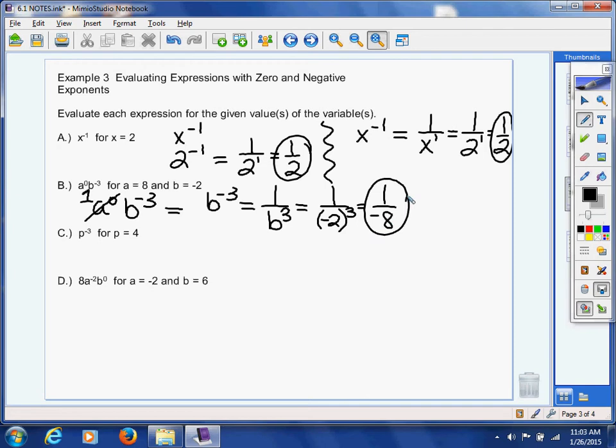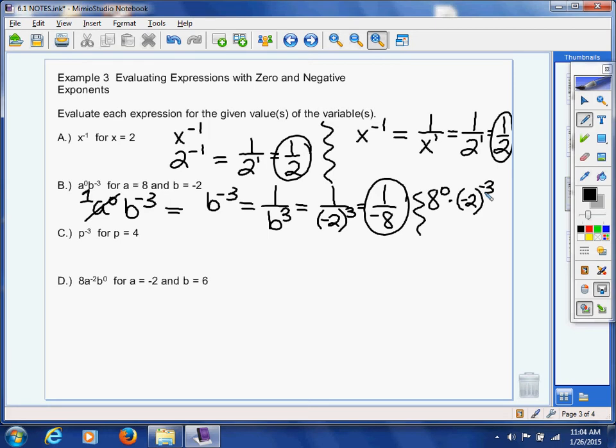And you'll end up with 1 over negative 8. Or you could plug in from the get-go. You could say, I'm not going to remember that a to the 0 is 1, and just plug in 8 to the 0. You can do 8 to the 0 times negative 2 to the negative 3 power, and then simplify it from there. That's really up to you to decide how you want to do that. I just want to try and give you as many shortcuts as possible.